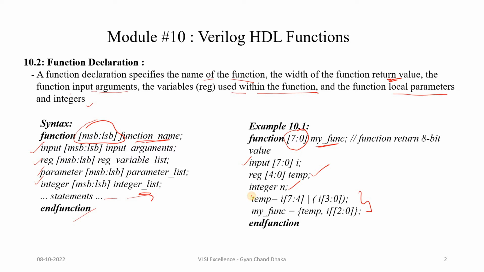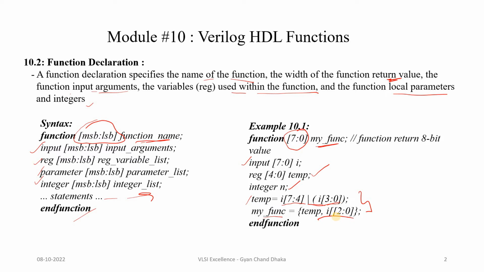So temp is nothing but the OR operation of these values, and then myfunc will get assigned this value. We will be covering this in later slides, but I just want to mention that whenever we declare a function, a variable with the same name as that function will be created, and that variable is nothing but the return value of that function.